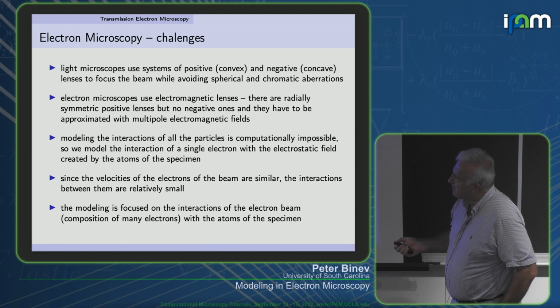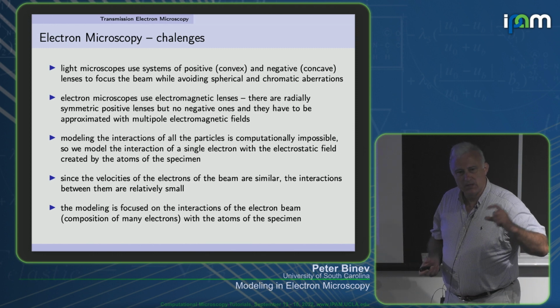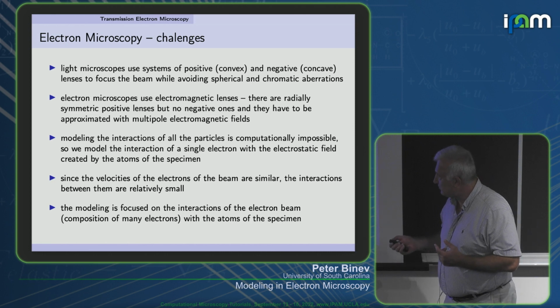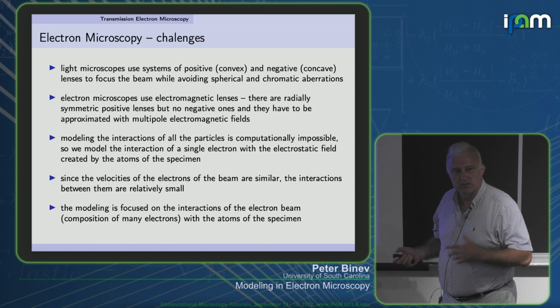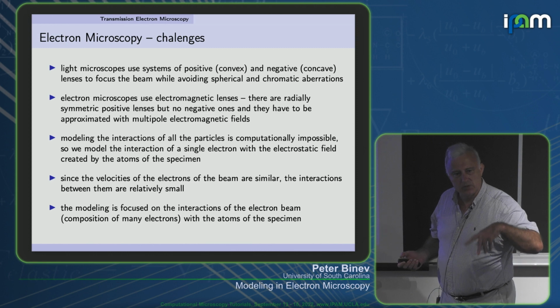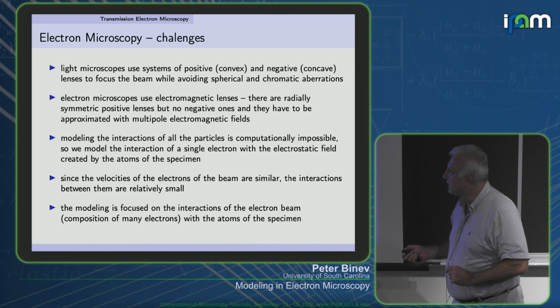And then you have the chromatic aberration, when you have some small differences between the speeds of the electrons. The ones with higher speed will eventually end up somewhere else. They will focus on a different point.